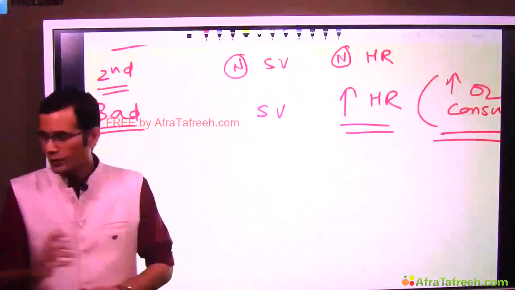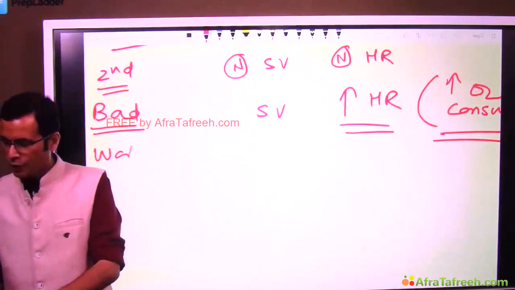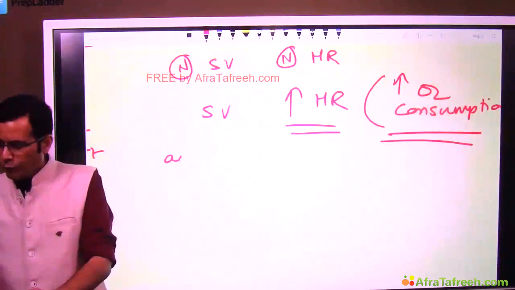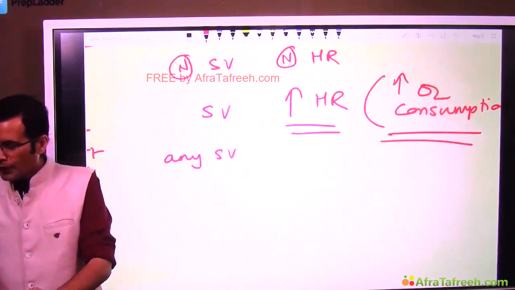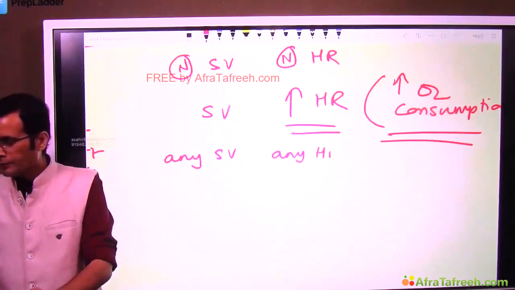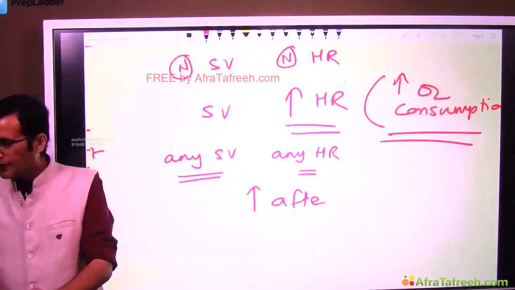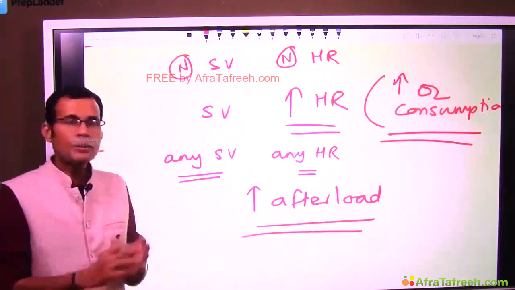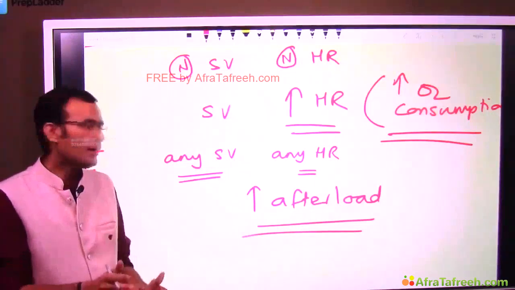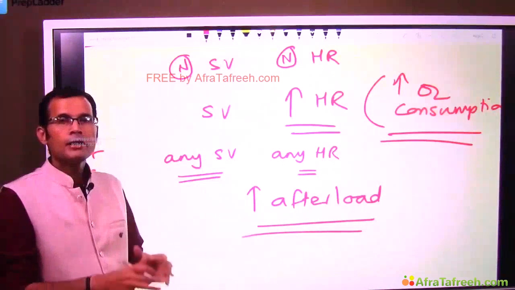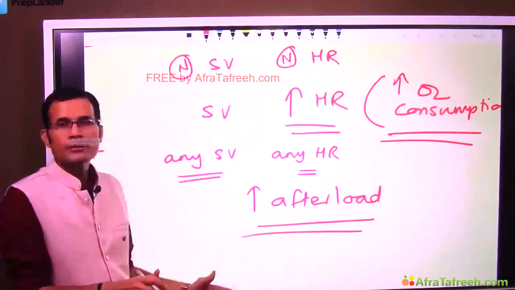And finally, what is the worst kind of economy for the myocardium? For any stroke volume and for any heart rate, if the cardiac output has to be maintained against an increased afterload, then it's economically the worst.